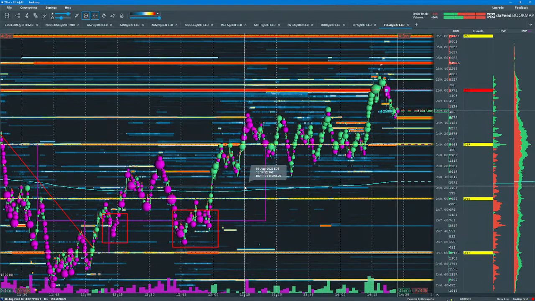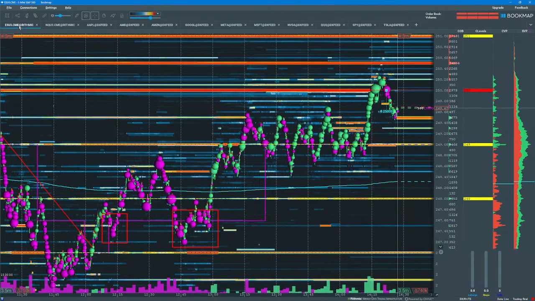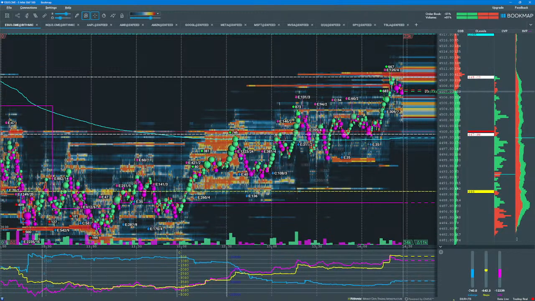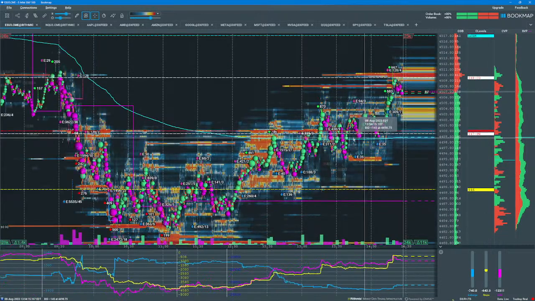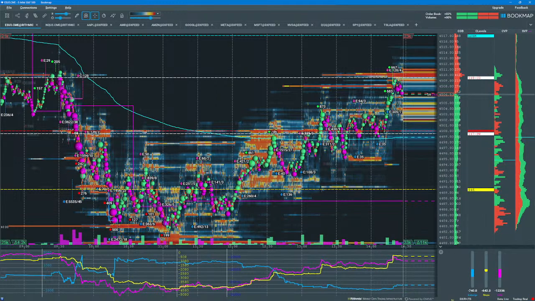All right, let's take a look at the broad market. Let's go back to the S&P 500. S&P 500 is making its way back up to the high of the cash open, the 448 level. Let's see what options traders are doing.